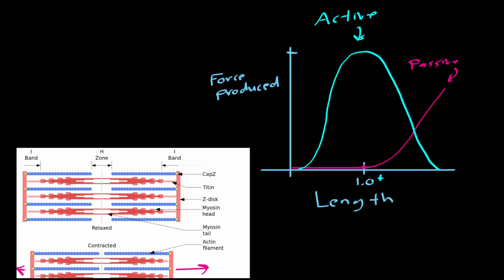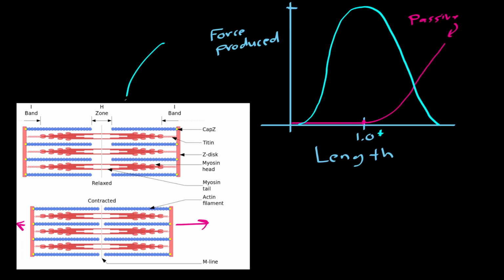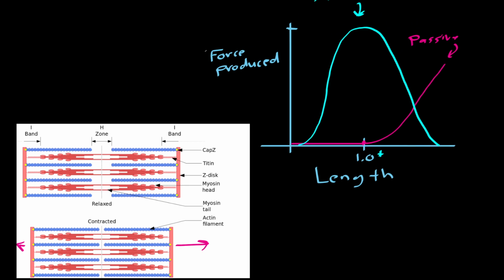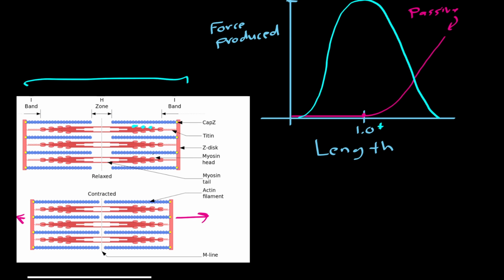This is the strongest piece of evidence for this sliding filament model of muscle, because it very well describes why you would get a bump-shaped force production capability of muscle. There's some length of the sarcomere where the actin and myosin filaments are optimally overlapped, so where every myosin head is close to an actin filament.